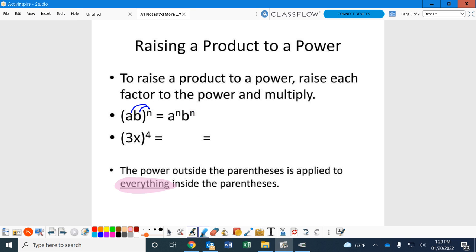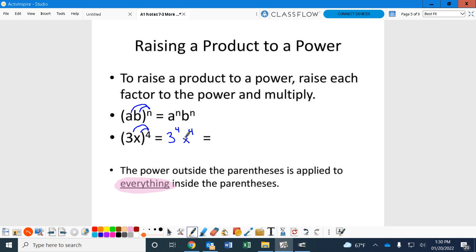In real life numbers, this 4 applies to both the things inside here. So it's going to be 3 to the 4th and x to the 4th. Can I leave an answer like that? No. Listen, you cannot leave a power on a number when there is a variable in the problem.